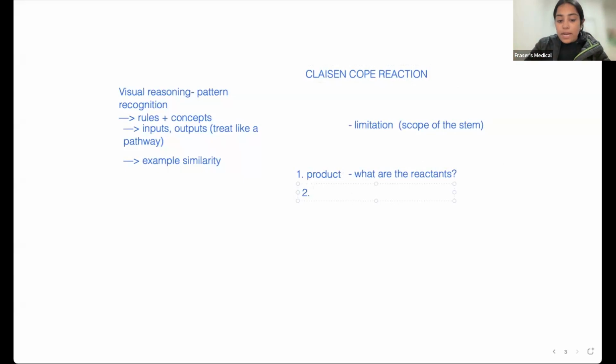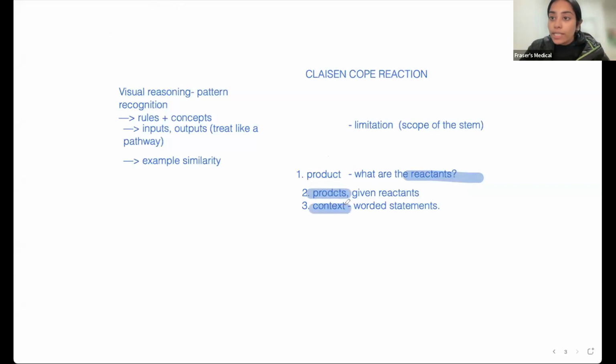The second thing you can be asked is, what are the products with the given reactants? And the third thing you can be asked is based on context, so your worded statements: which of the following statements are true? This can happen in acidic conditions, this can happen, et cetera. So within organic STEM questions, there are three major things that can be asked: reactants, products, and something based on context.